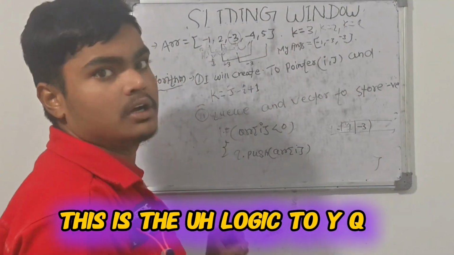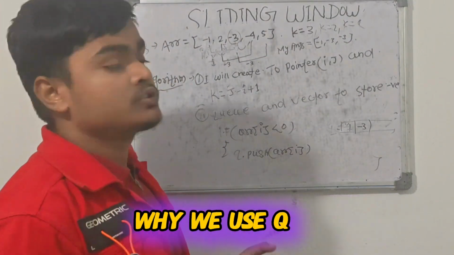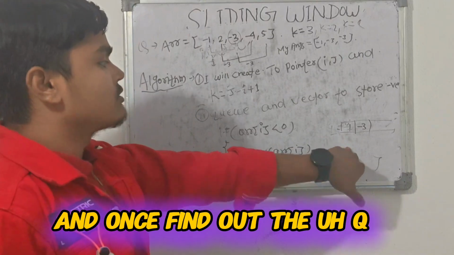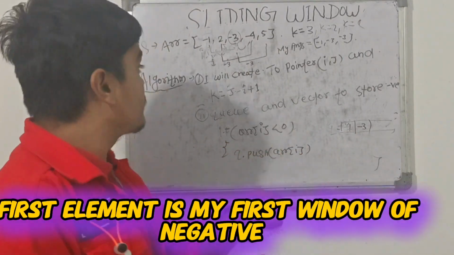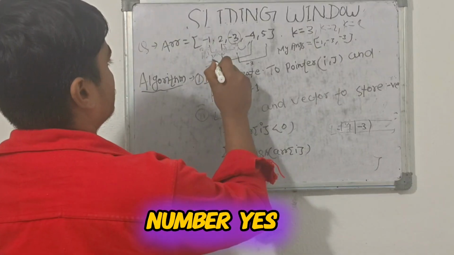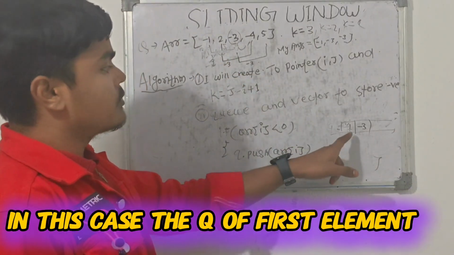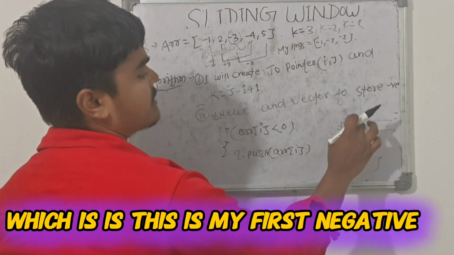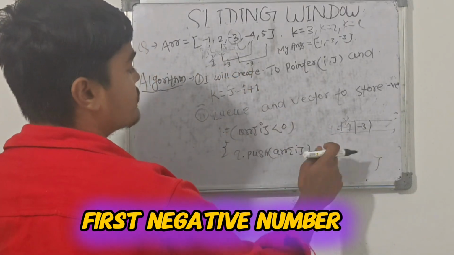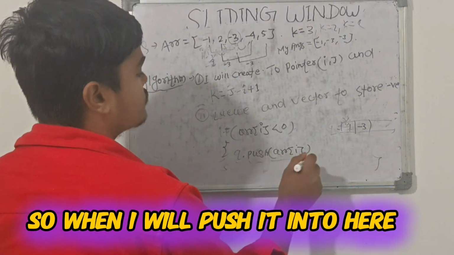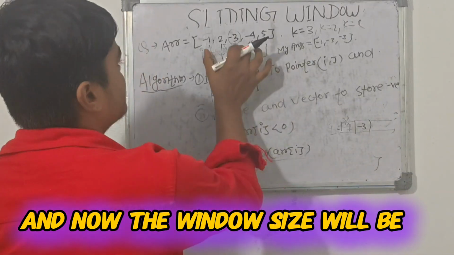This is the logic. In the queue data structure, the first element is the first negative number of my window. So this is my first negative number.